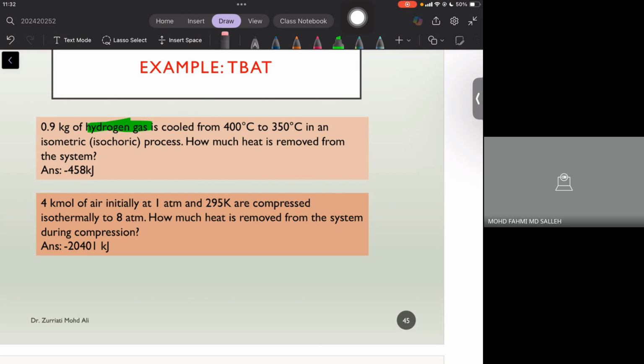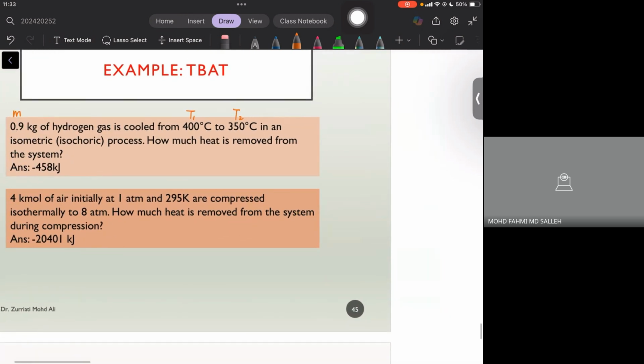For this question, we are going to use the ideal gas equation to solve these problems. Next, we extract all the information given. This is the mass, this is the temperature T1, and this is the temperature T2. So mass equals 0.9 kilogram.